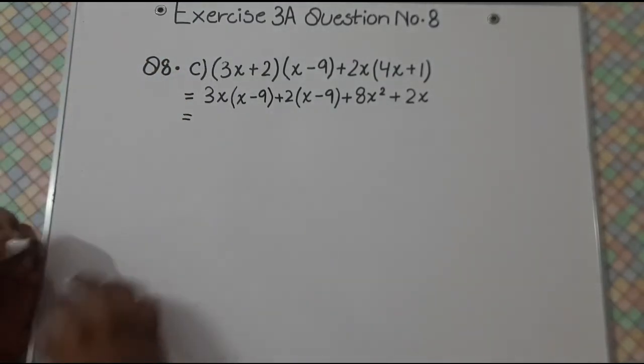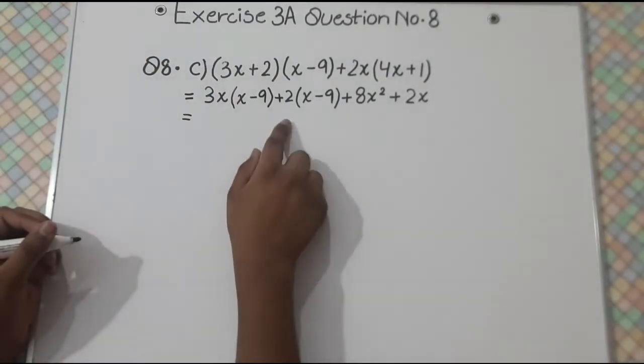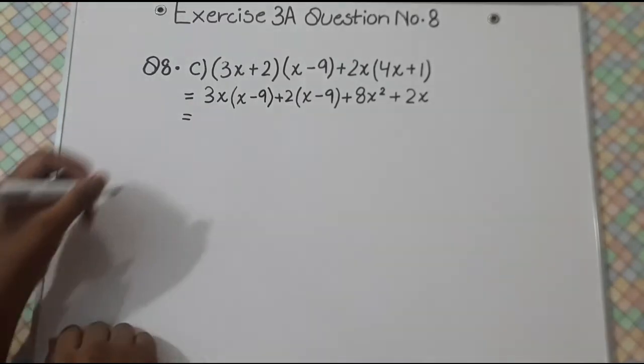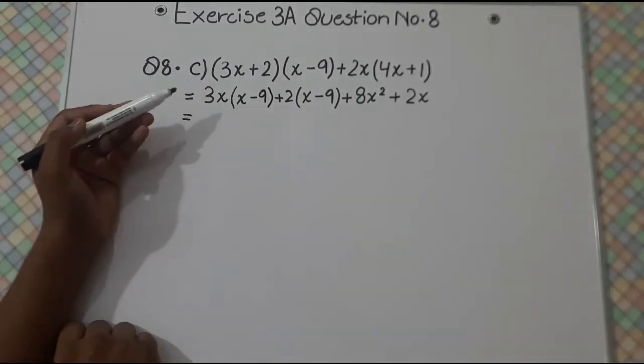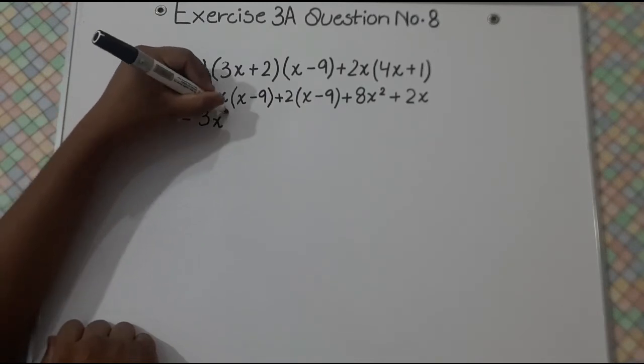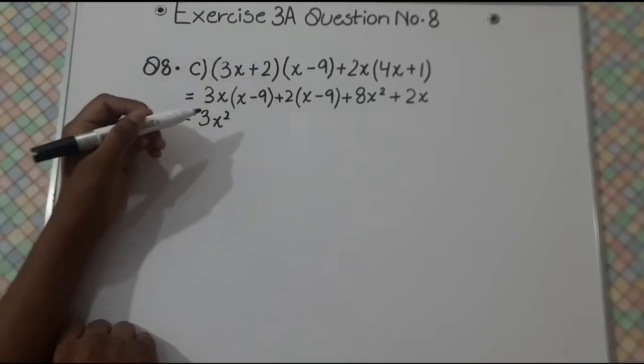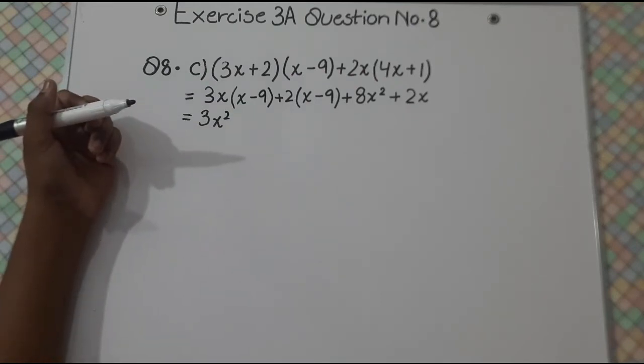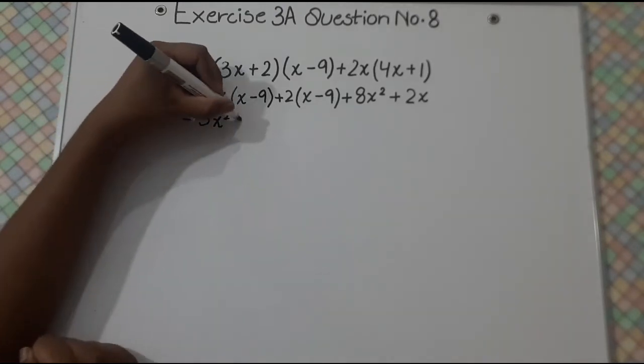Now we are going to multiply 3x with this bracket and 2 with this bracket. So 3x multiplied by x would be 3x square, and 3x multiplied by minus 9, so it would be minus 27x.